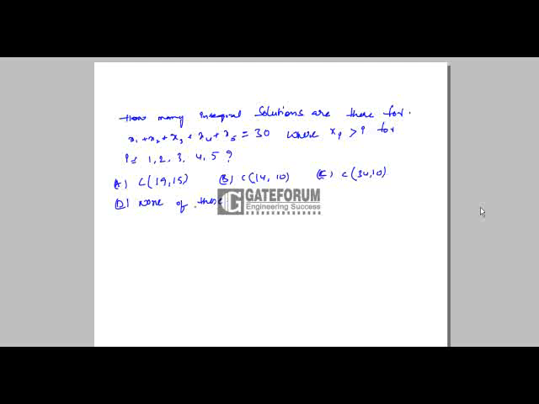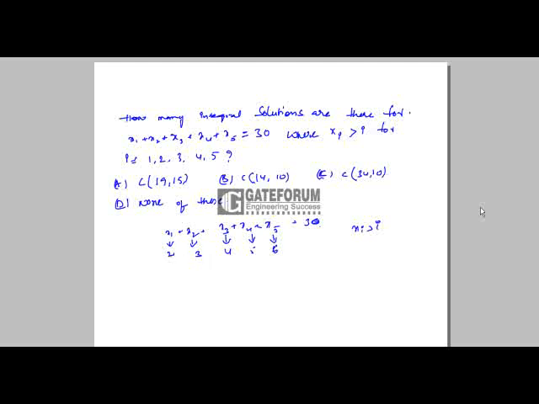So we can model this problem like that. Here one condition is mentioned, which is xi should be greater than i. x1 plus x2 plus x3 plus x4 plus x5 is equal to 30. That means x1 should be greater than 1, so minimum is 2. x1 should contain minimum 2, x2 3, x3 4, x4 5 and x5 6.